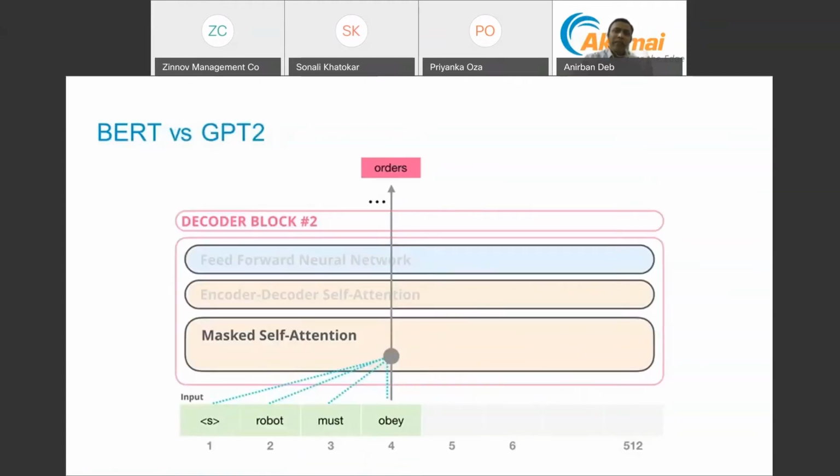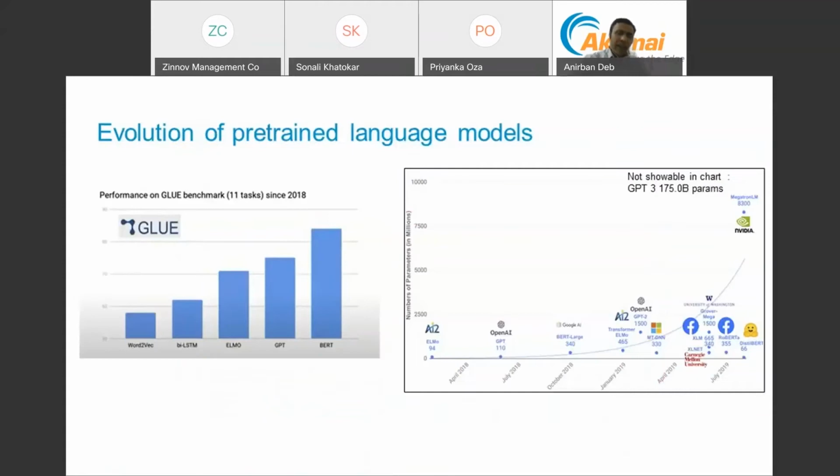So the difference between BERT versus GPT-2 is that, actually there's one small mistake, the encoder decoder shouldn't be here, but there is the concept of masked self-attention in GPT, which is not there in BERT. This is how the evolution has happened. It's further gone to GPT-3, and it's got into billions of parameters.